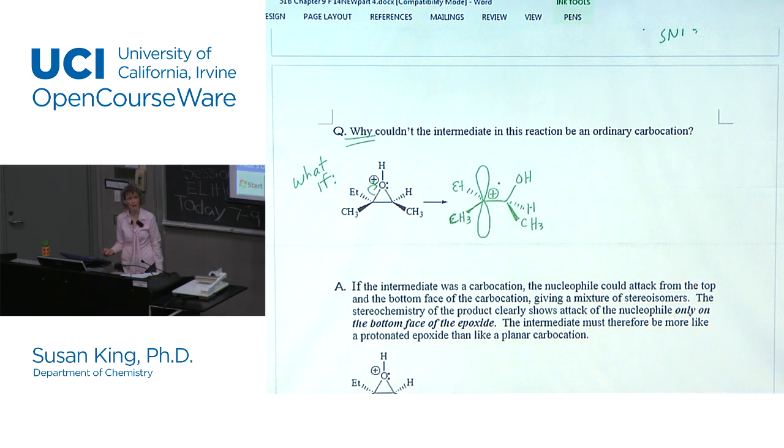If we make a carbocation, then that means that the bromide can come in from either side, right? So the bromide can come in here on the top, and that's the key here. The bromide can come in from the top, and the bromide can come in from the bottom. So what that amounts to is backside and front side attack here, okay?